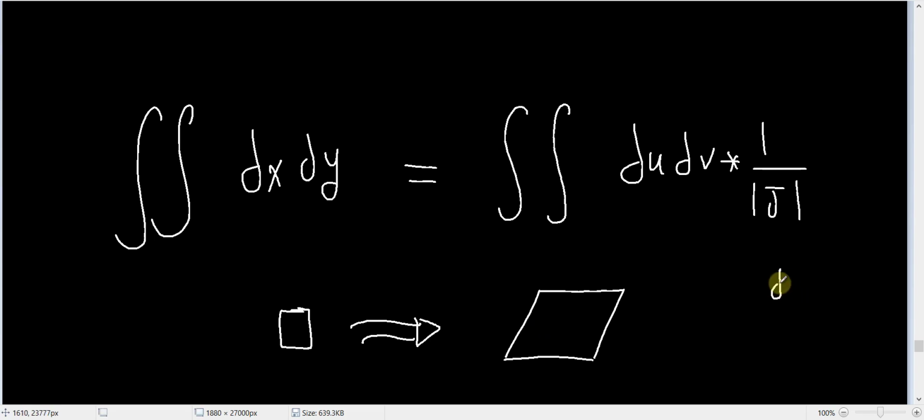And we saw that dA1 over dA2 is really equal to 1 over the Jacobian right here. But if we look at this term right here, we might realize that this term is actually a rectangular area, not a parallelogram area, right?